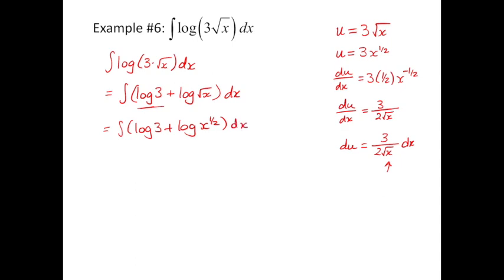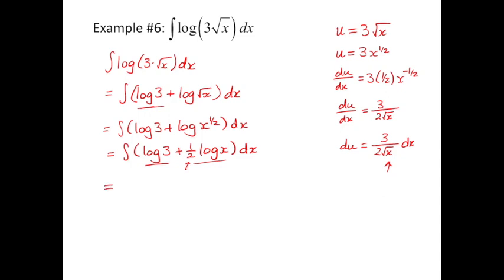And then, like in the previous example, we can take that 1/2 out in front of that logarithm to say that this is log 3 plus 1/2 log of x. And now we can take the integral of these terms. We can't bring the 1/2 out in front completely, because of this log of 3. Because we have two parts, the log 3 and the log x, we can't take the 1/2 out in front, so we just have to keep it paired with the log of x.